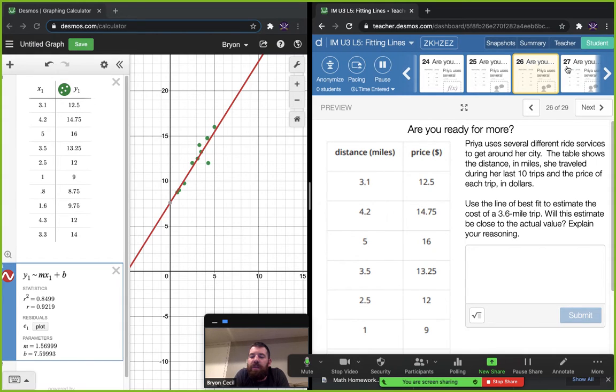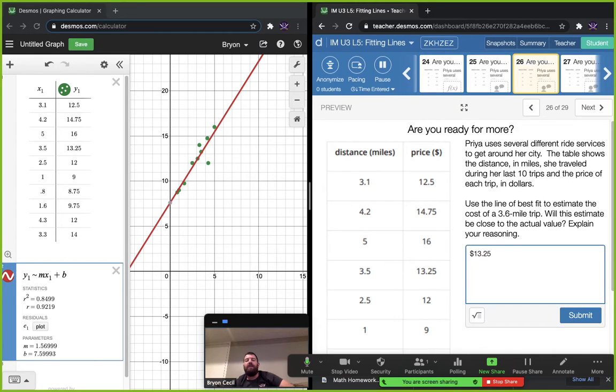So now use this to estimate the cost of a 3.6 mile trip. Will this estimation be close to the actual value? Okay, and so what we're going to do is I'm going to click on my line and I'm going to come up to 3.6 and it's going to be 13.25. Okay, 13.25.